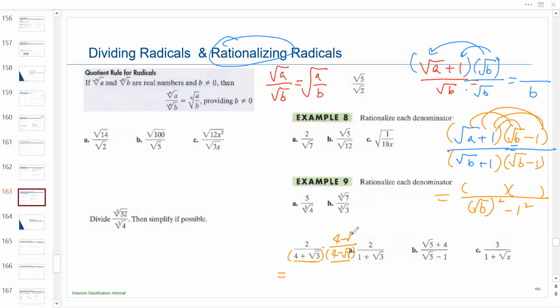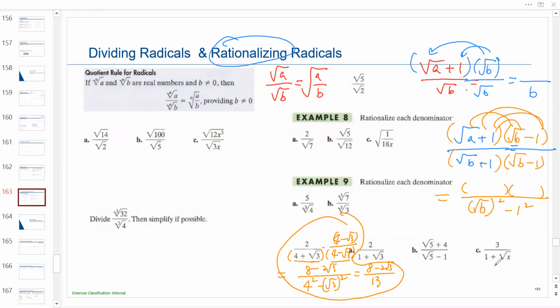So top and bottom times the conjugate. You get 4 squared minus square root 3 squared, and the top part becomes 8 minus 2 square root 3. The bottom part becomes 16 minus 3, so you get 13. The top part is 8 minus 2 square root 3.